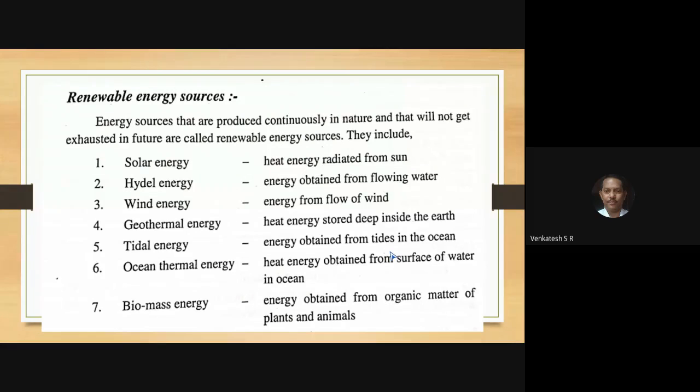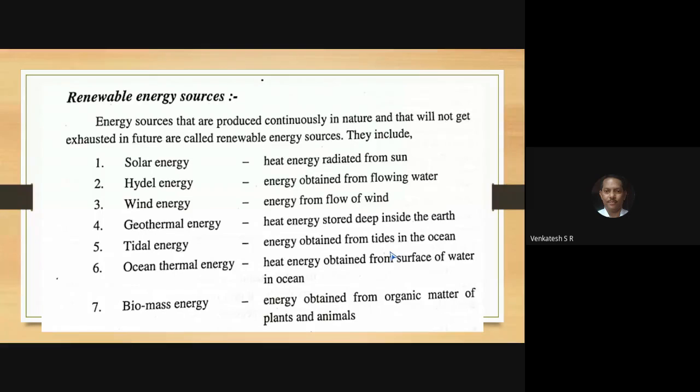For that reason, we are the citizens of this nature. We have to be very, very careful utilizing the energy sources. Otherwise, our life will become very, very difficult.